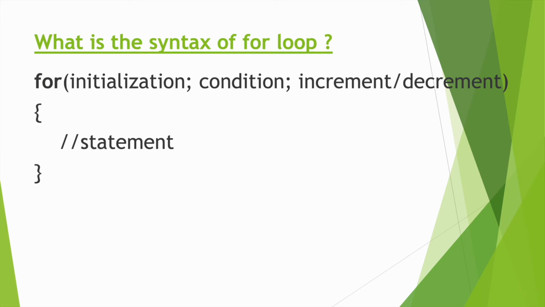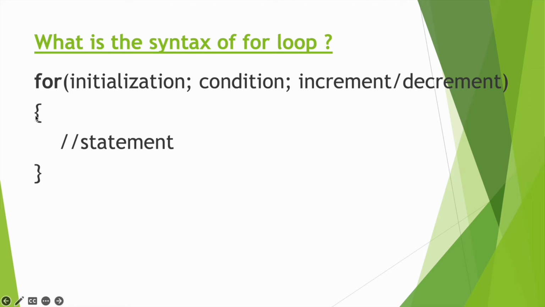So let's have a glimpse on the syntax of for loop. As I have discussed in the definition, you have to write for, and in brackets you need to initialize. Then after that you need to declare a semicolon, then you need to declare the condition. And after that a semicolon, then whatever operation you want to perform, increment or decrement.